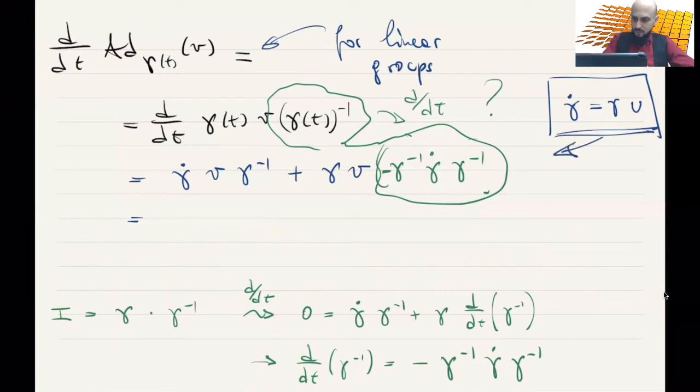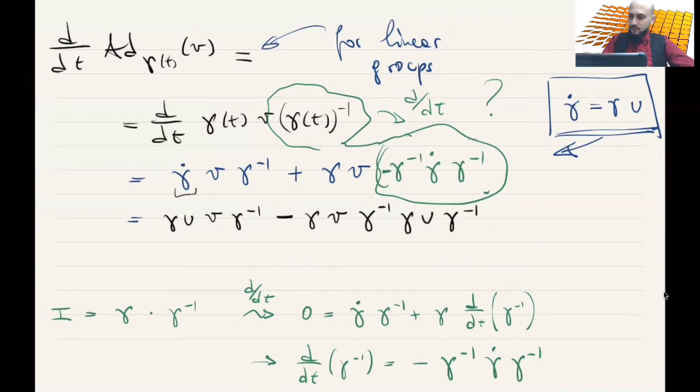Okay, so at the beginning I have gamma u for this part here, then v gamma minus 1 plus, no, there was a minus, so it's minus gamma v gamma minus 1, and then I put gamma u gamma minus 1.